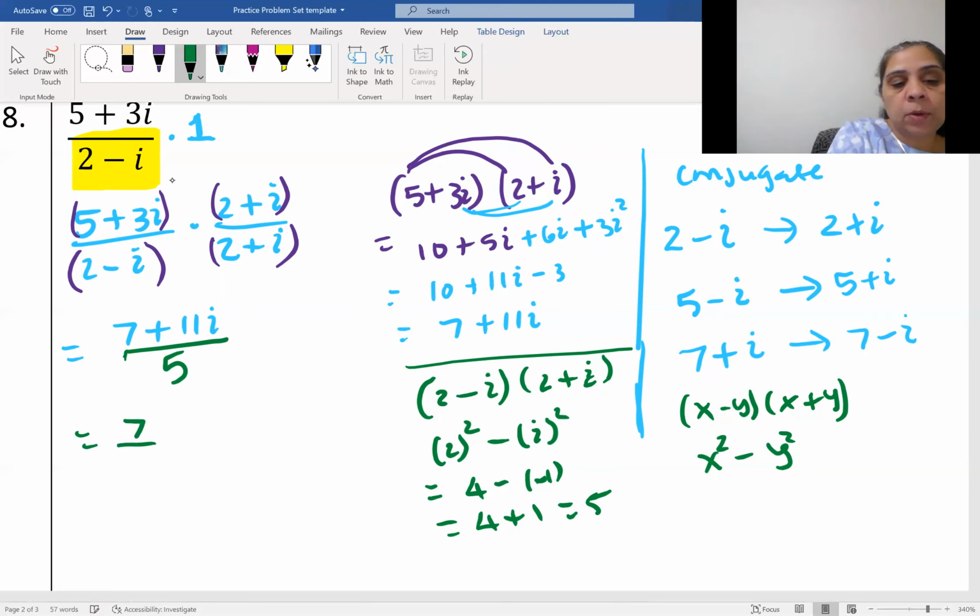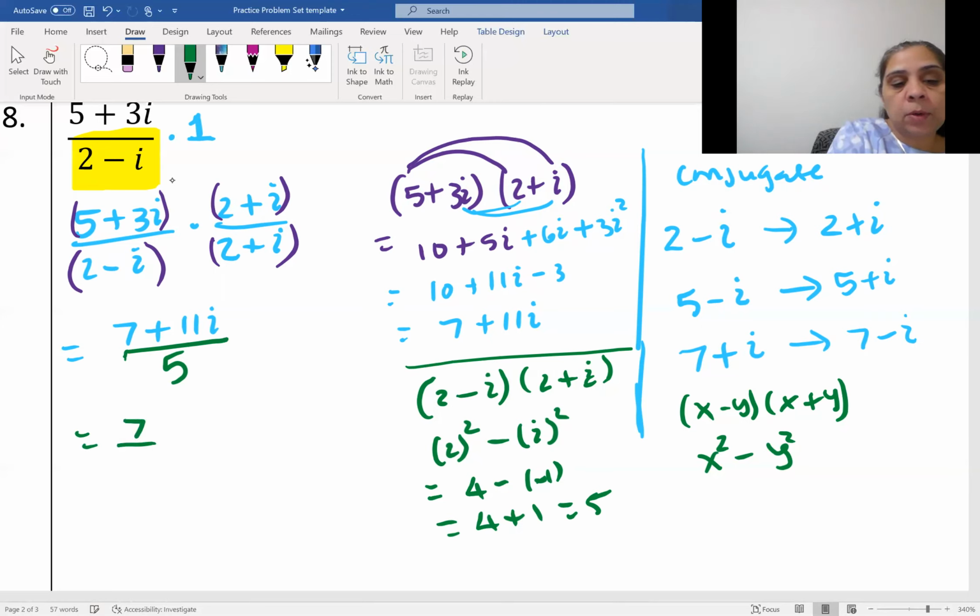Let's see the next one. We have here 5 over 3 plus 4i. Try to do it by yourself. This one is a little bit easier than the previous one because we have only 5 in the numerator. We don't have an imaginary part. So the first thing I'm seeing here, the denominator has i. So what I need to multiply by is the conjugate of this, right? So instead of 1, we can write 3 minus 4i over 3 minus 4i.